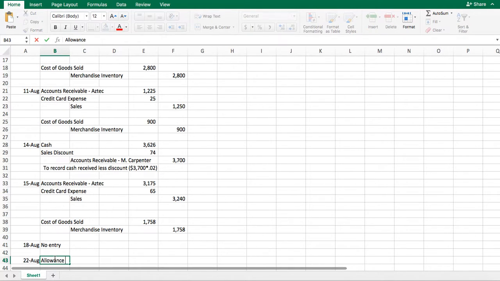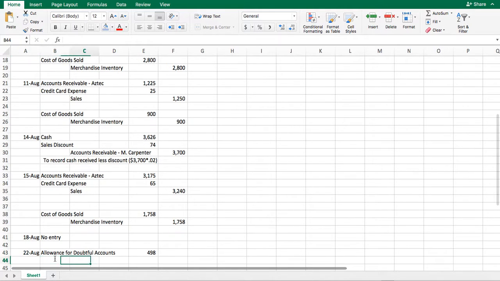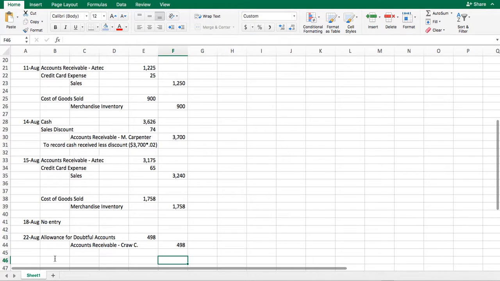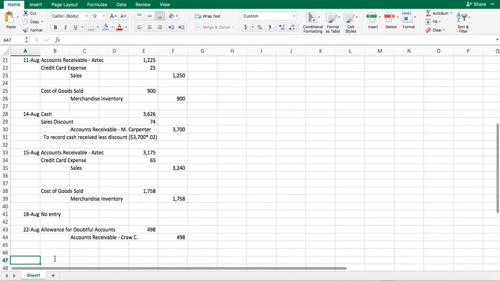I don't think we had established an allowance. They haven't given us that information in this problem. We'll do that later. But we have an allowance for doubtful accounts that we keep funds set aside, knowing that some people just don't pay for whatever reason. So we write off the accounts receivable, and that is Craw Company. And we write it off to that allowance account so that we can keep up with that in our financial statements and have a record of that.